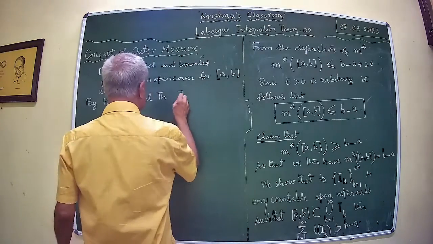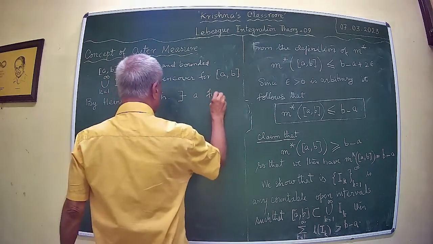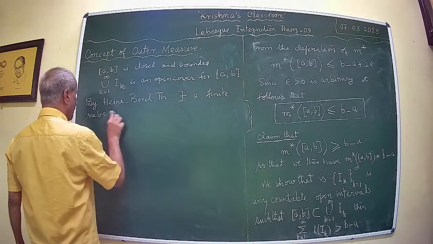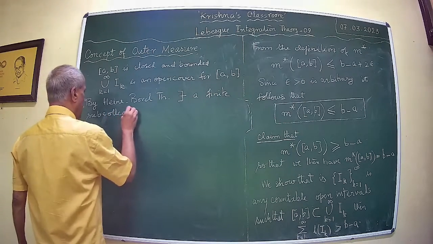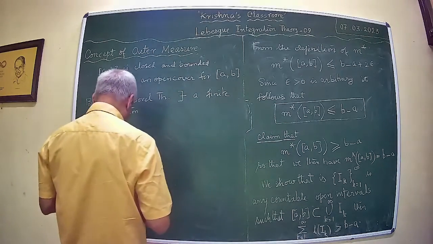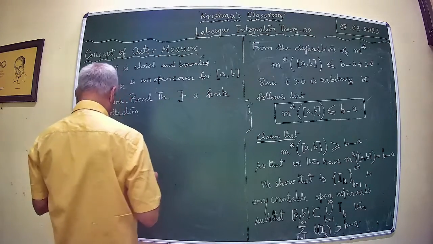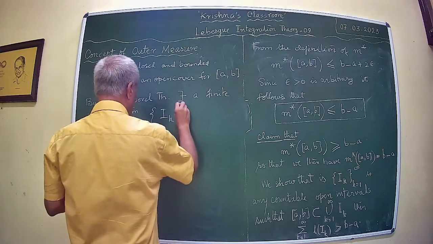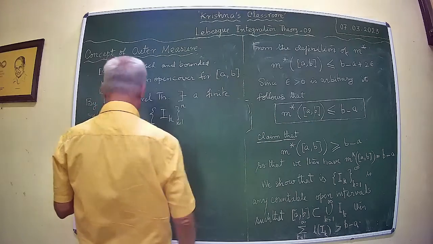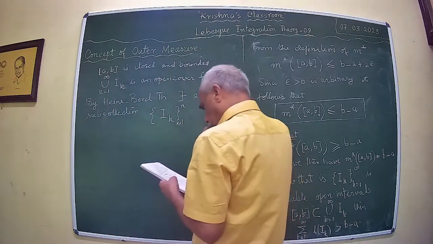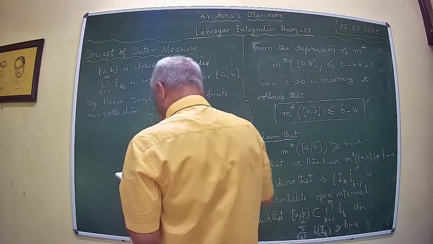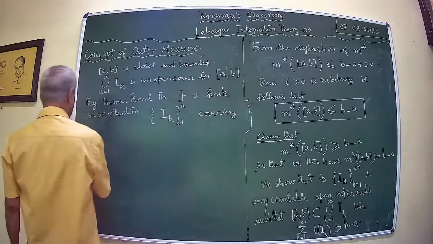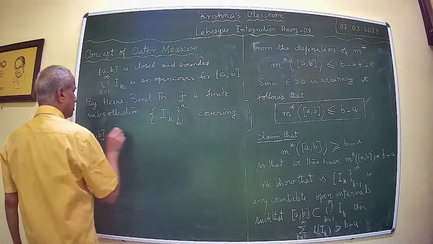There exists a finite subcollection, k equal to 1 to n, covering it. See, you should not mistake this.